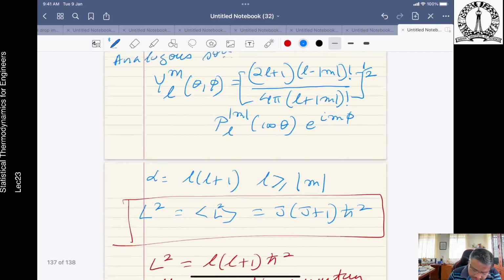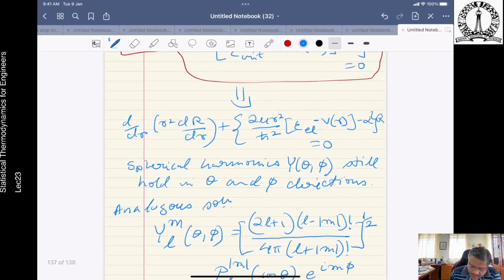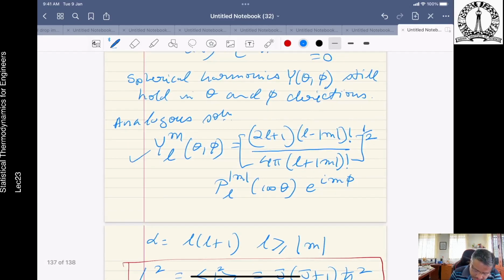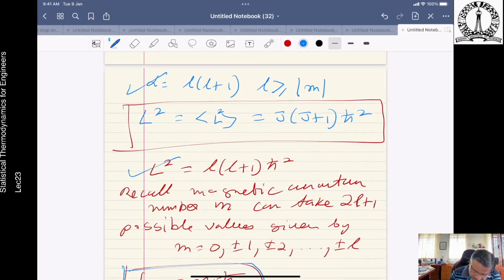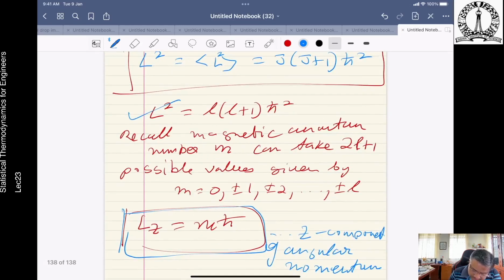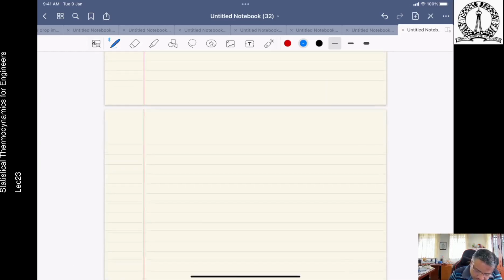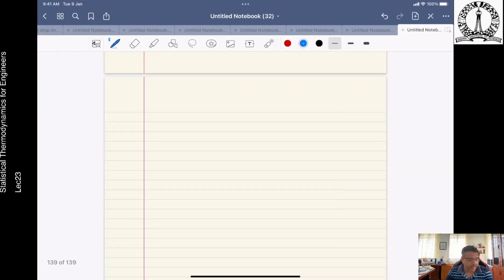Because up to this point, it is more or less the same. This is absolutely analogous. This is also analogous. And the quantization along the z-axis is also similar. So there is no difference between this and a diatomic molecule at this particular point. But the distinctive feature comes from the radial component.